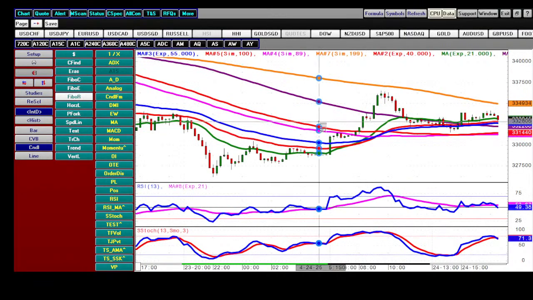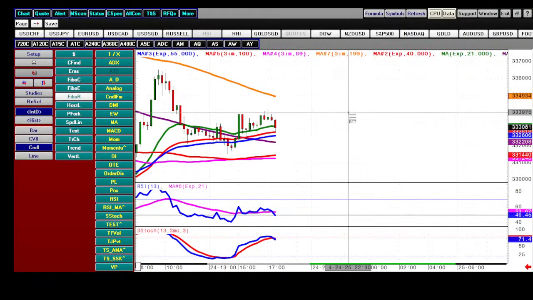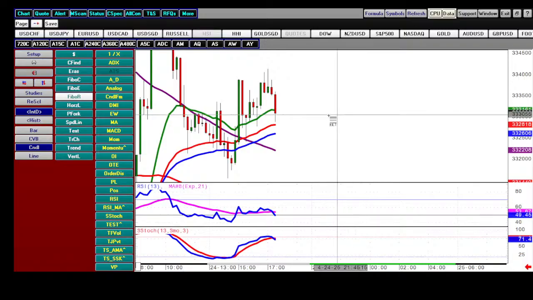Then as far as the euro, pound, dollar, yen is concerned, we are looking to buy the dollar against all these three. So we'll try to wait for better entry levels. Okay, so let's see. The gold, I think we have missed an entry.